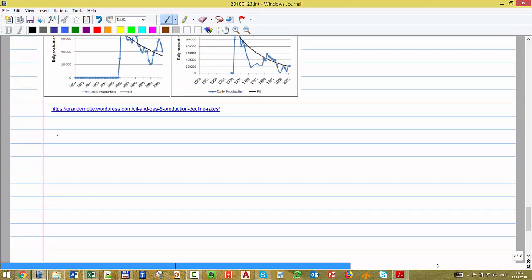So just to also tell you that there is a relationship, or let's say a very close relationship, between plateau height, okay, and plateau length.